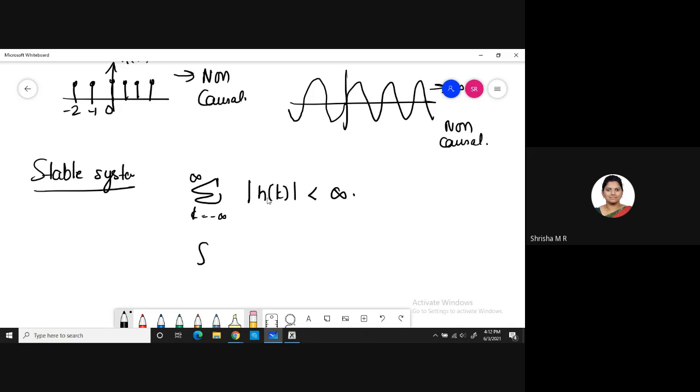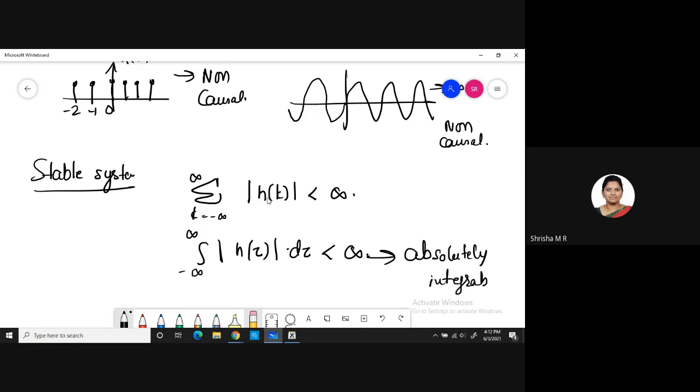And with respect to a continuous time signal, if the integral from minus infinity to infinity of modulus of h of tau d tau is less than infinity, that is, absolutely integrable, then the system is said to be stable.